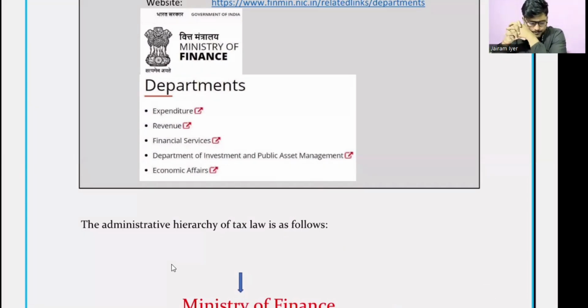So me and Jairam sir are there, and we are dividing some subjects between us so that it becomes easy for him as well as for me. Jairam sir is taking your cost, law, OMSM, CMA part, and after that whatever is left is with me.